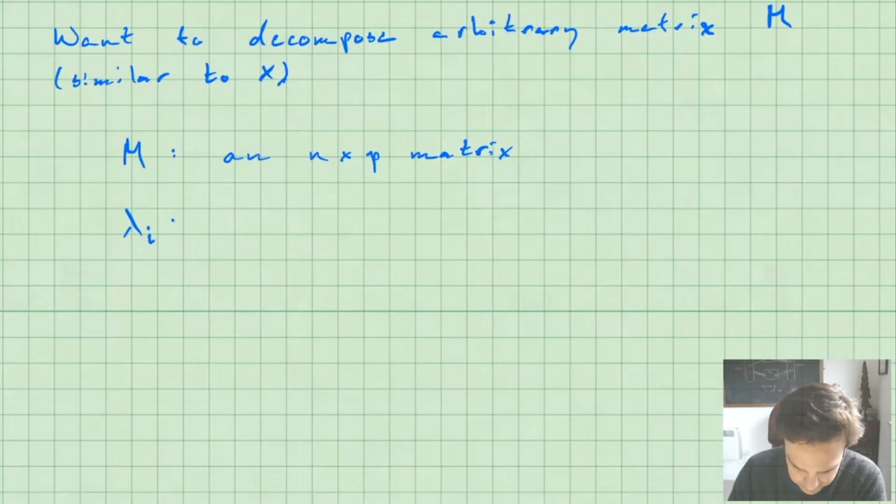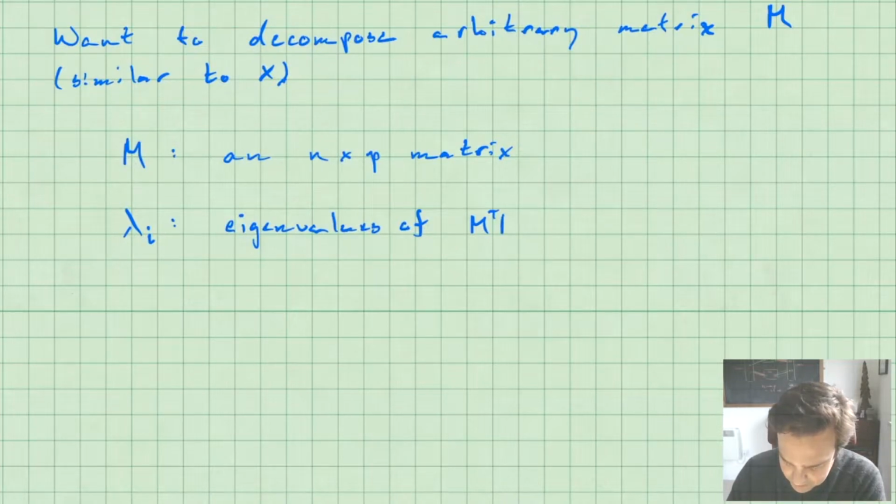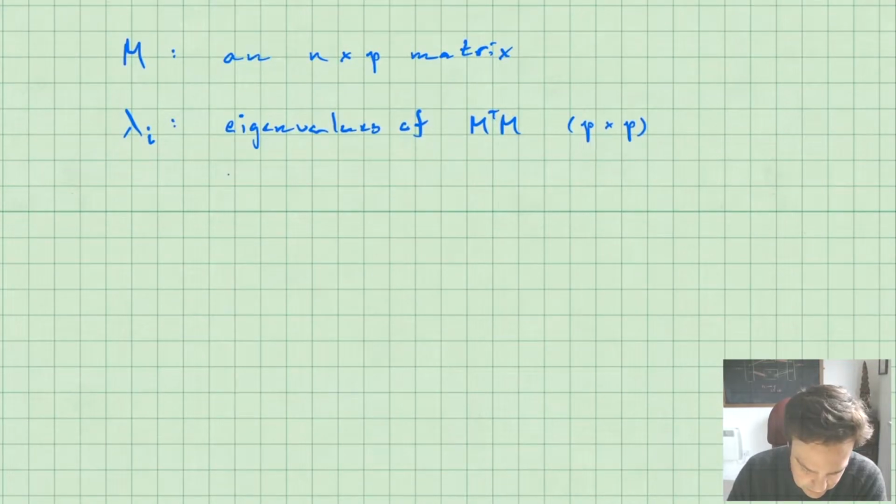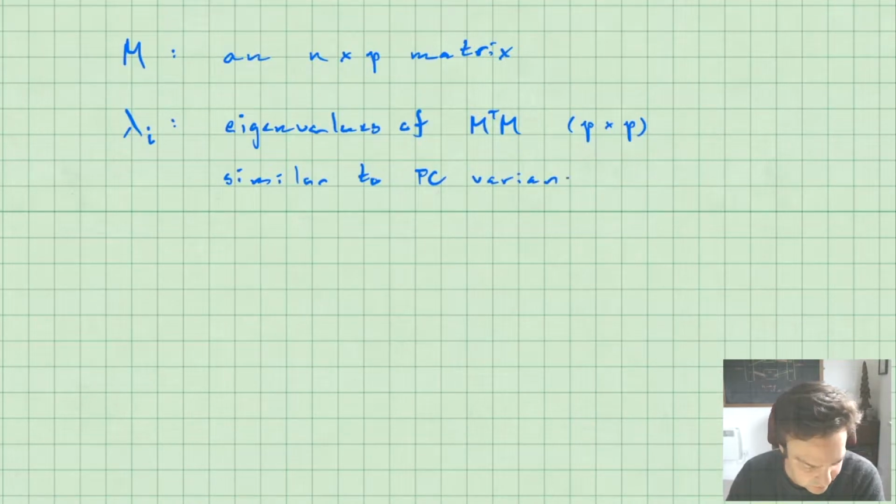Lambda i are the eigenvalues of M transpose M, which is a p by p matrix. So these are similar to the principal component variances. We'll talk about that at the end.